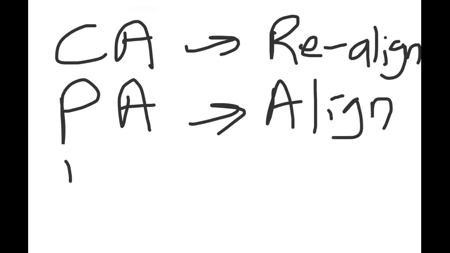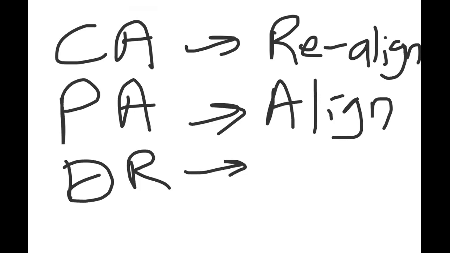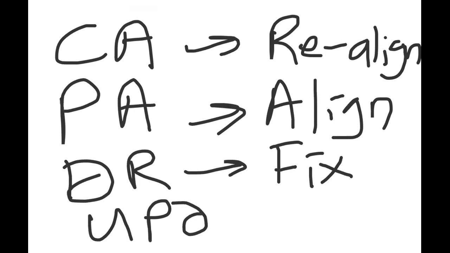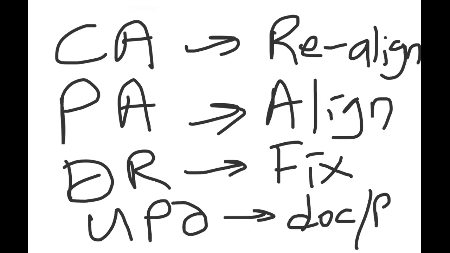Defect repair means something is defective. It means you are going to fix something. And updates, as the word implies, this is going to be a document, it's going to be a plan, or something to that effect. Okay?